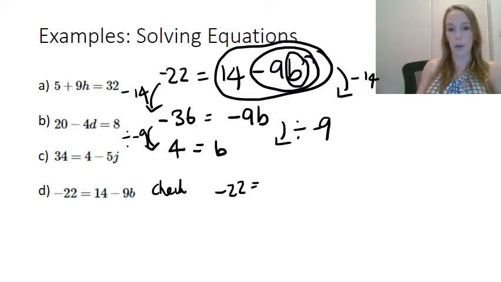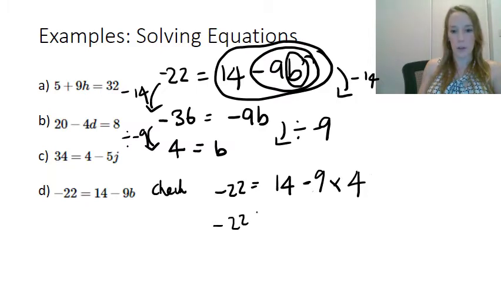So negative 22 equals 14 times negative 9. Oh, sorry, that should be take, not times. Let me erase this. There we go. So 14 take 9 times 4.